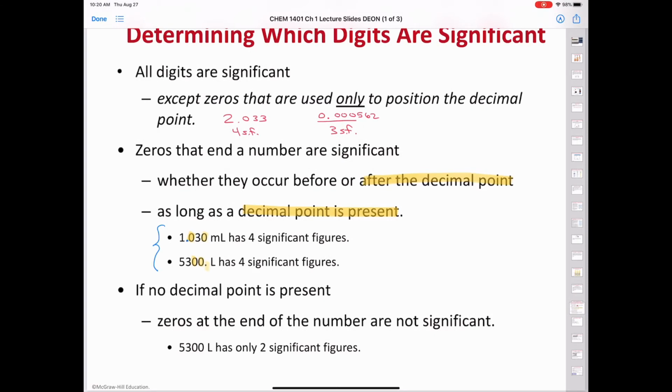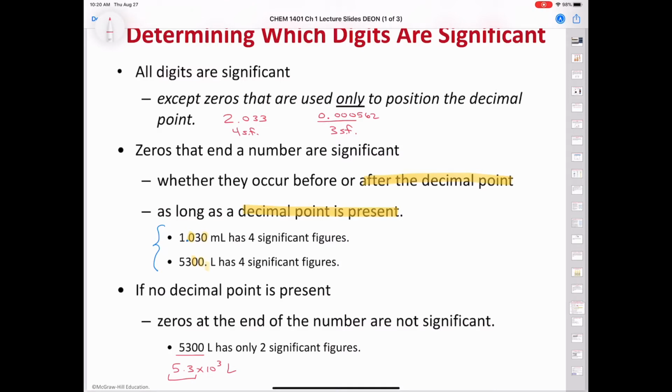Just as an FYI, however, we can express this number to 4, 3, or 2 significant figures by using scientific notation. For example, if you expressed this number as 5.3 times 10 to the power of 3 liters, then we would say we've got 2 significant figures.